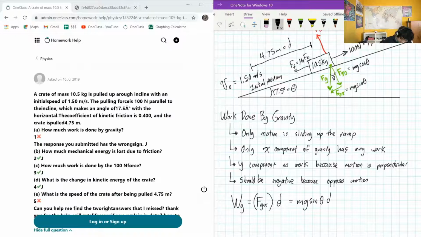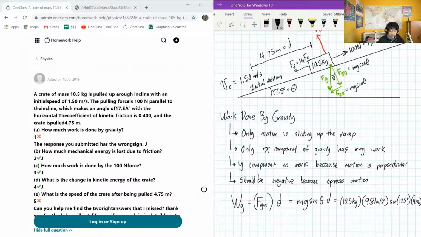Sine theta times d. Subbing in our numbers, our mass is 10.5 kilograms, g is 9.81 meters per second squared, sine 17.5 degrees, times 4.75 meters.